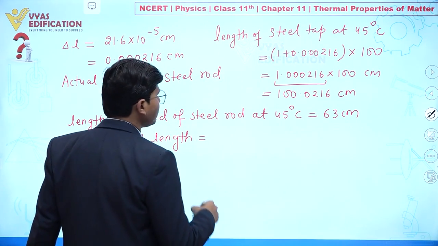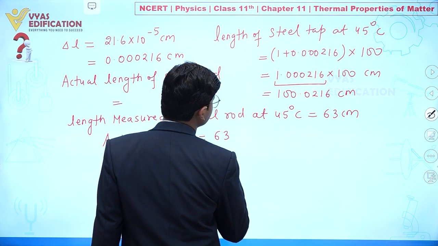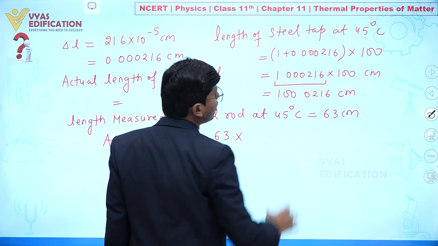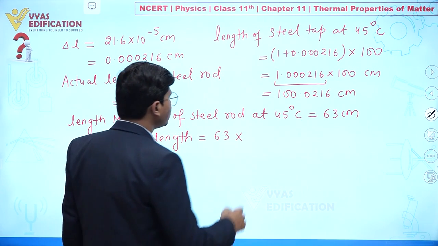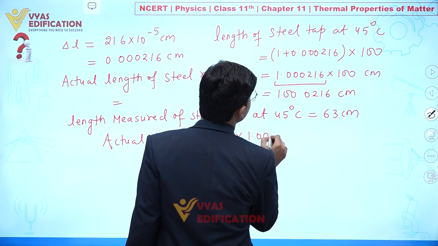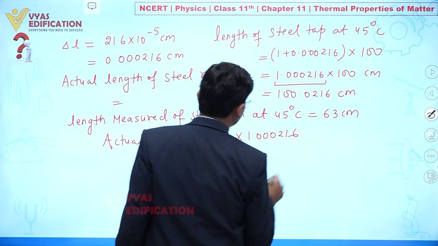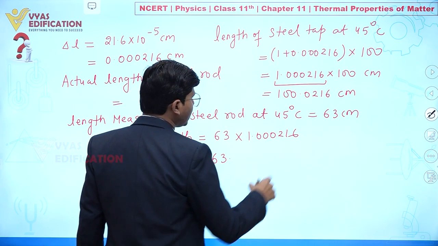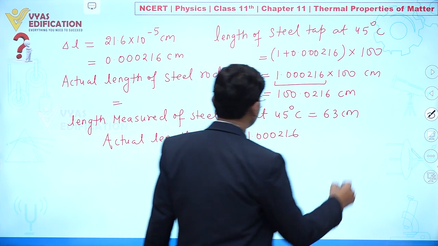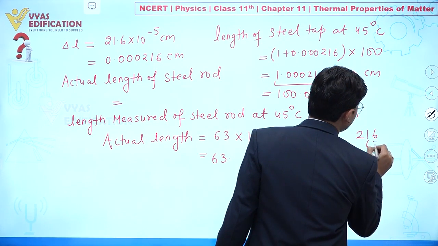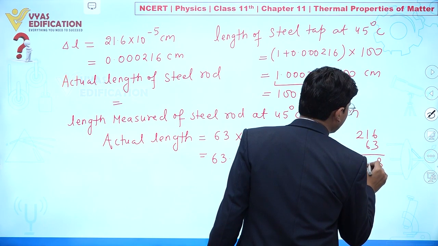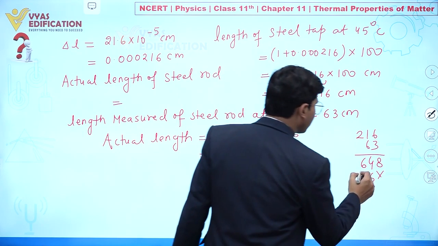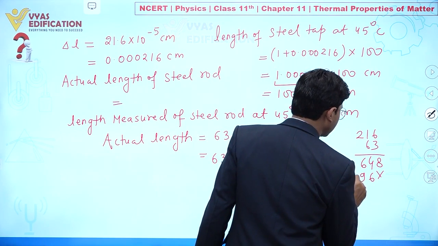Clear? So from here we can multiply this 63 with one division of this steel tape. Clear? So this is equal to 1.000216. So if you multiply 216 with 63, this is equal to what? 18, 1, 4, this is 6, we can say 36, this is 9, and this is 8.